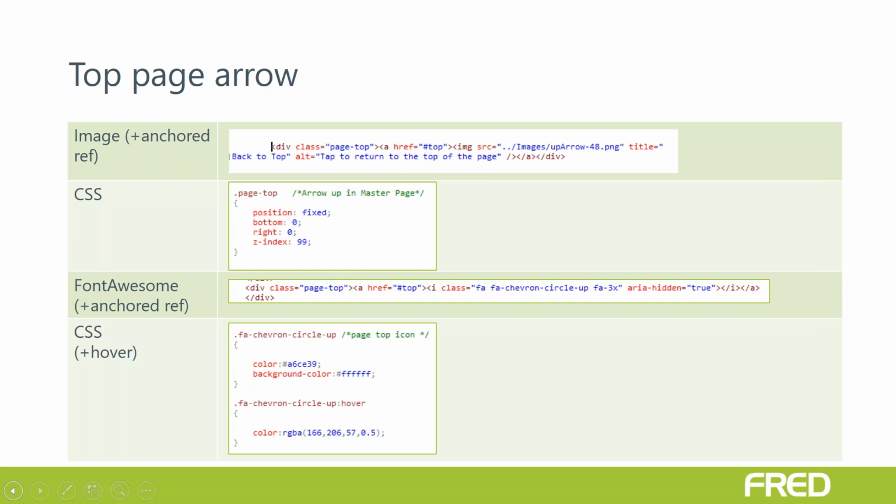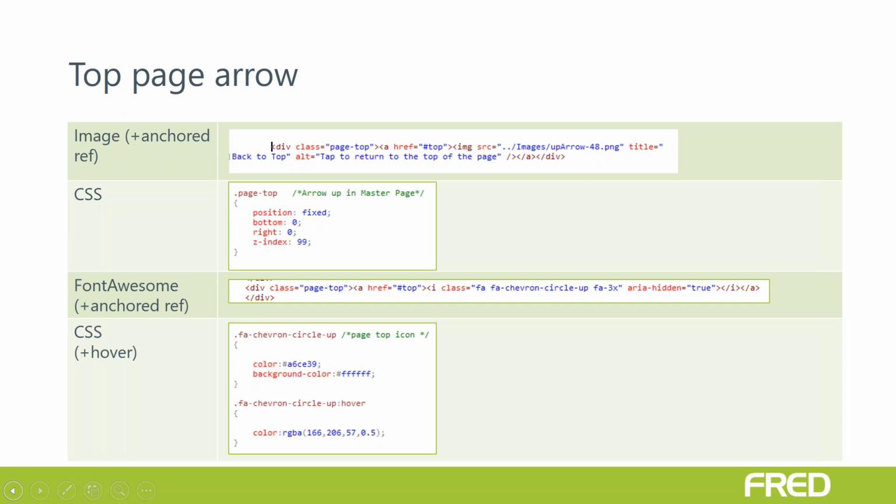Now, you can find a lot of really fancy back to top buttons if you use your favorite search engine, and they use jQuery, and you can make the button appear when the screen is of a certain size and disappear when it goes back to another size. I didn't bother much with that. All I did was create an anchored reference, which I placed at the top of my master page, and that's all it takes.